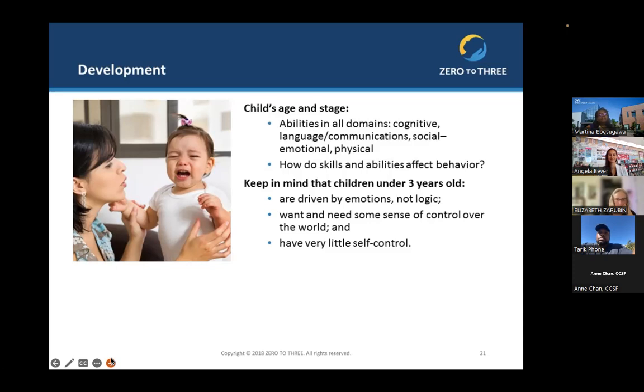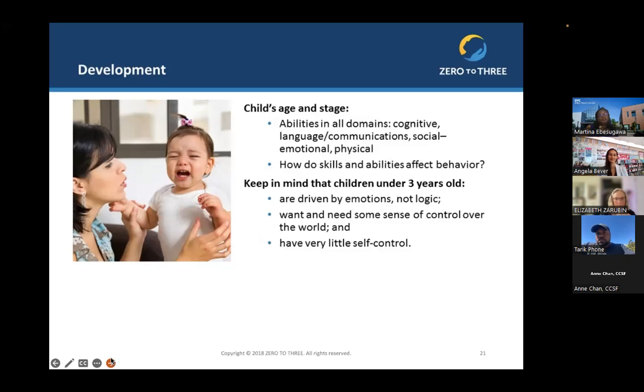One good example is a child who has difficulty with communication, using their language. They're going to then use their hands to maybe hit, or maybe they're going to use their emotions, the amygdala, to cry to get what they want. They're going to revert back to some of the things that they had before they had the language. And so it's really important for us to be aware of that when we're working with children.